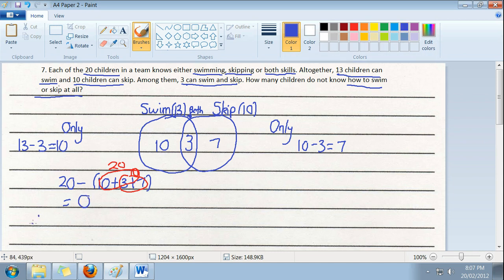So, therefore, 0 children do not know how to swim or skip at all. So in other words, all the children know how to do something. So in other words, it's a trick question, okay?